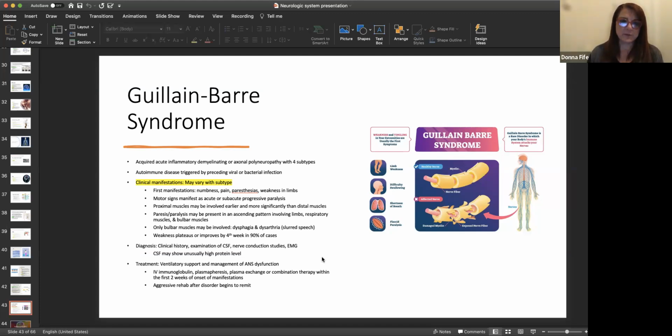There's IV immunoglobulin, plasmapheresis, plasma exchange, or a combination therapy within the first 2 weeks of the onset of the clinical manifestations. These patients will need aggressive rehab after the disorder begins to remit.